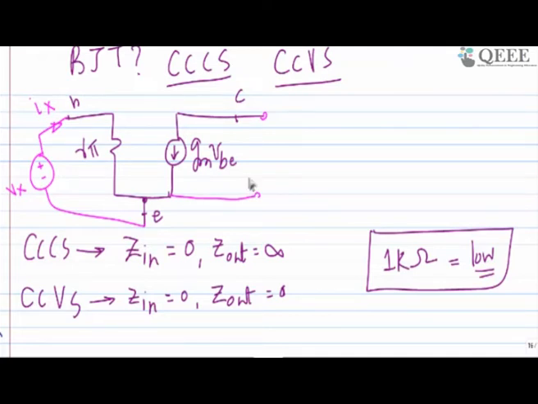This is what Thevenin says, and we are doing the same thing. So when I am measuring, I am seeing only R pi at the input side. It's only one resistance, there is nothing else. R pi is generally in the kilo ohm range, and we are going to call this one low. Very good.